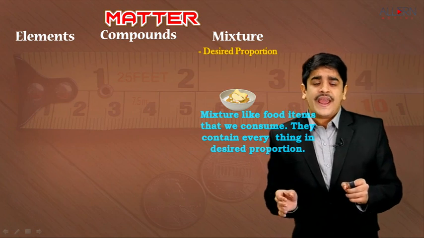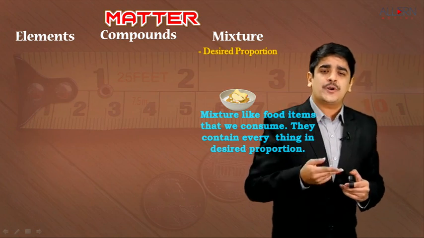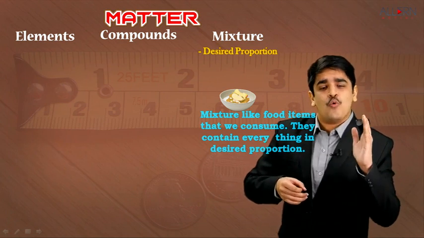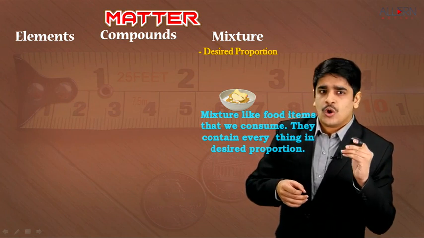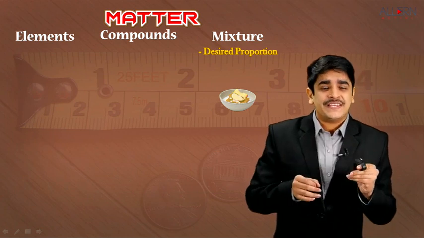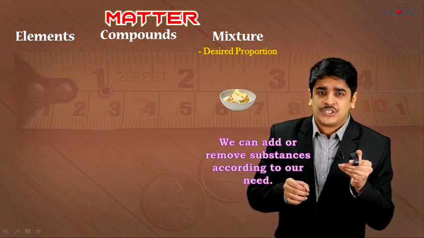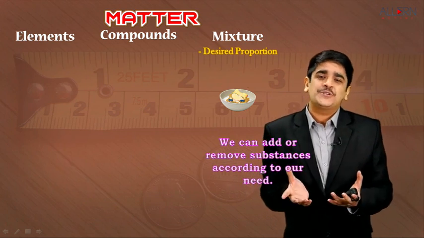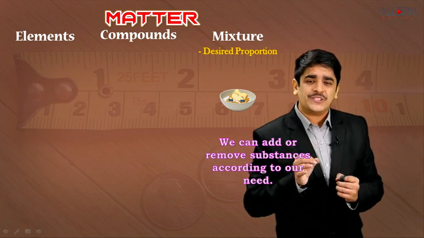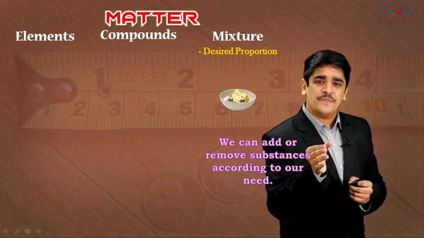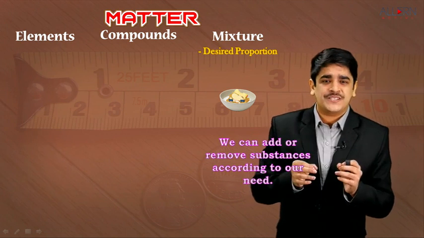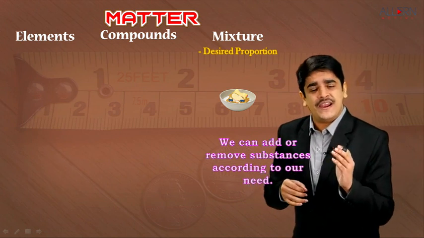They contain everything in a desired proportion. That is, they contain everything in the proportion that you want them to be in. What does that mean? It basically means that when you talk about a mixture, we can add or remove substances according to our need. So that's what you understand by the term mixture. And the basic example of a mixture is the kind of food substances that we eat in day-to-day life.